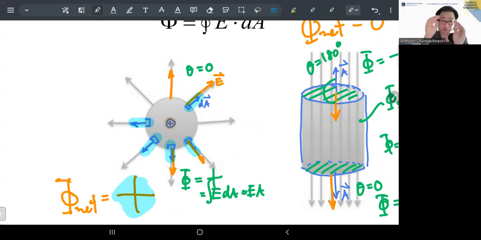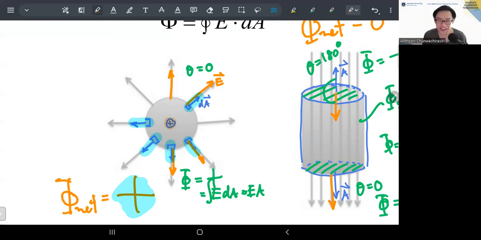When you have a sphere wrapping around something and the calculation says the net flux is positive, you can conclude that inside that surface there must be a net positive charge as well. And that is Gauss's law.